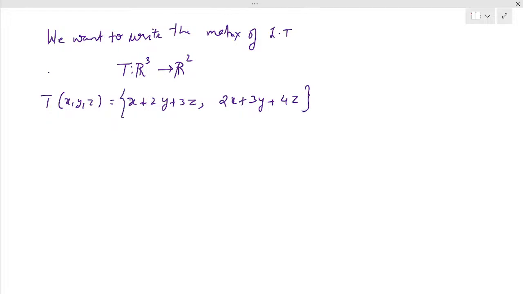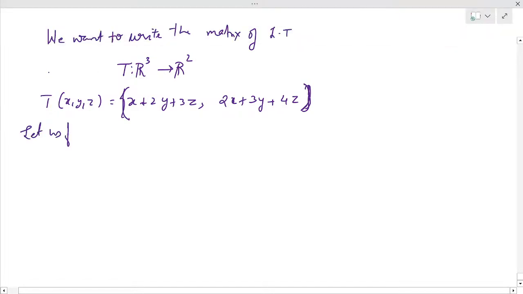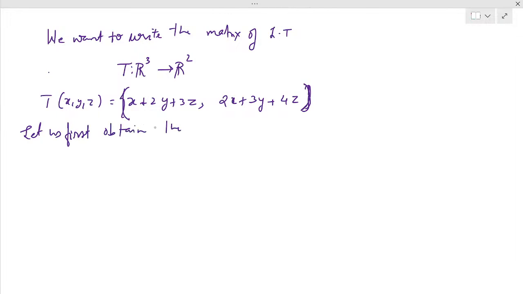Let us take that this R cube is related to R square via this linear transformation, and I want to obtain the matrix. Let us first obtain the matrix of the linear transformation using the standard basis vectors.